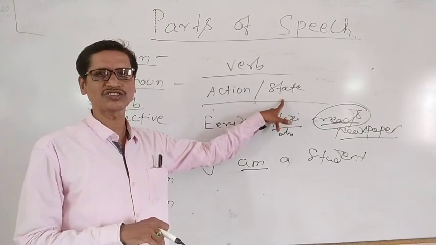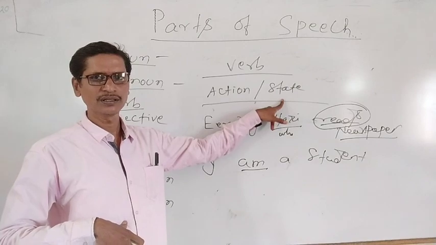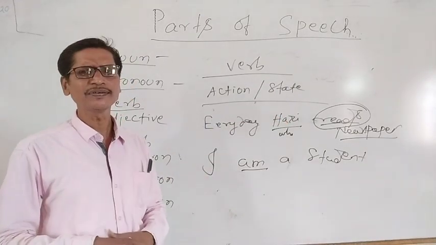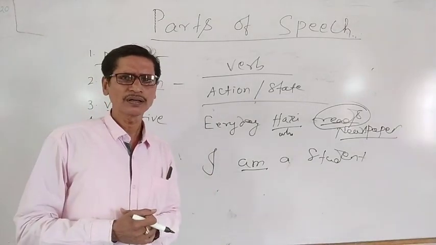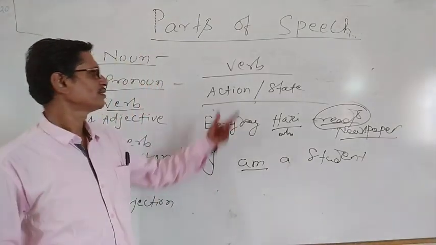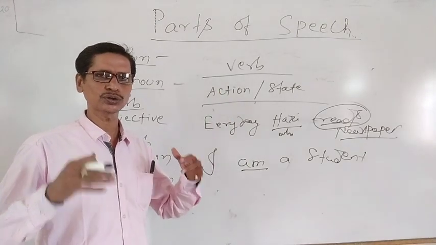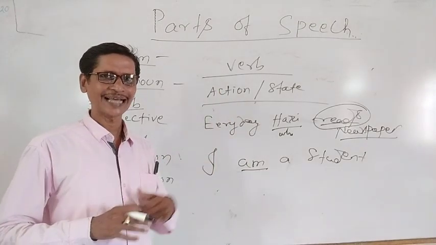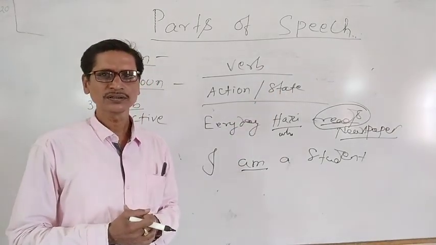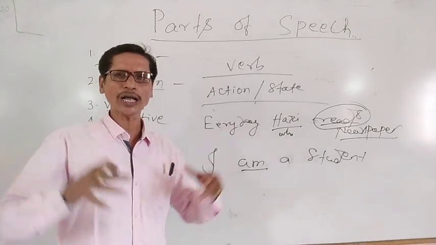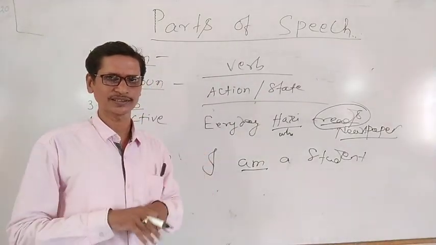It talks about the state, the position, the time. Therefore, we have two different types of verbs. They can be action words, those which talk about action, and state verbs, those which talk about state, that means the position.